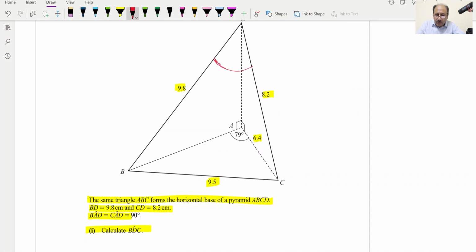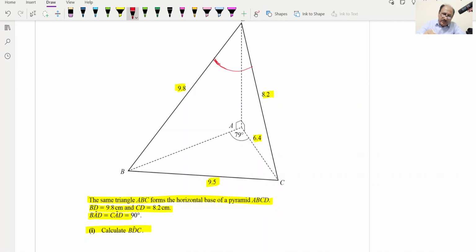Hopefully you understood this. Now to find this angle, we can use cosine. We have all three sides of this triangle: 9.8, 8.2 and 9.5.